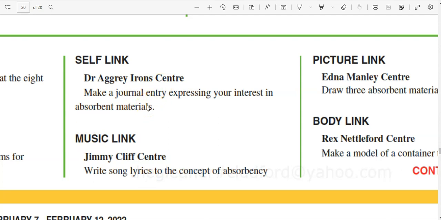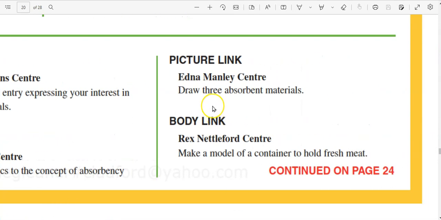Make a journal entry expressing your interests in absorbent materials. Music link, the Jimmy Cliff Center. Write song lyrics to the concept of absorbency. Picture link at the Edna Manley Center. Draw 3 absorbent materials. So you could draw the rag, you could draw a diaper, you could draw a sponge, for example.